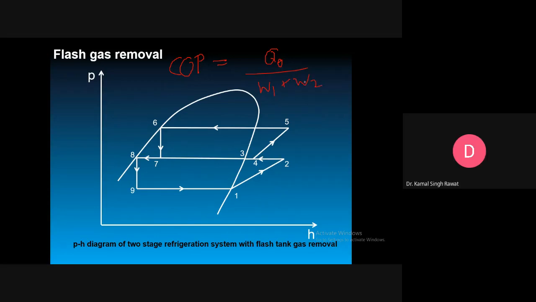So you have the value of Q naught: Q naught is equal to m dot minus m1 into H1 minus H9. And what is W1? M dot minus m1 into H2 minus H1. And what is W2? M dot into H5 minus H4.